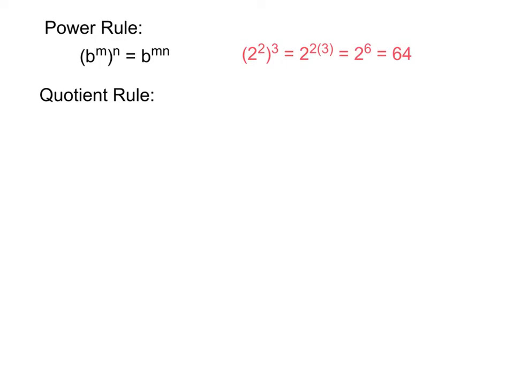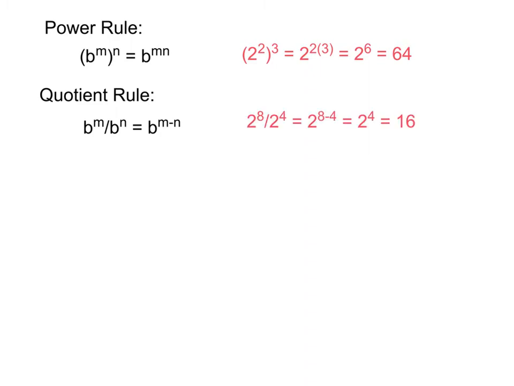The next is the quotient rule. Now this rule says that if b is a non-zero real number or algebraic expression and m and n are integers, then b to the m over b to the n is equal to b to the m minus n.